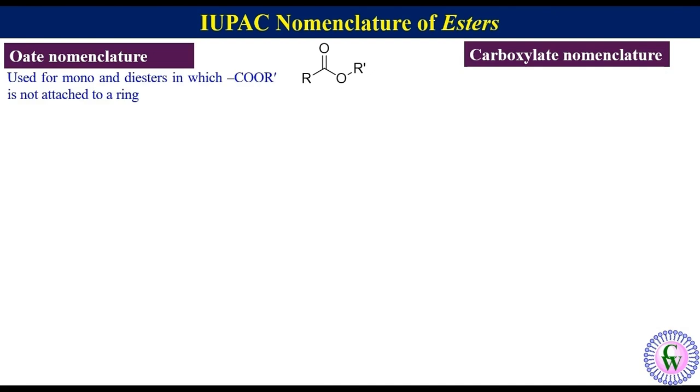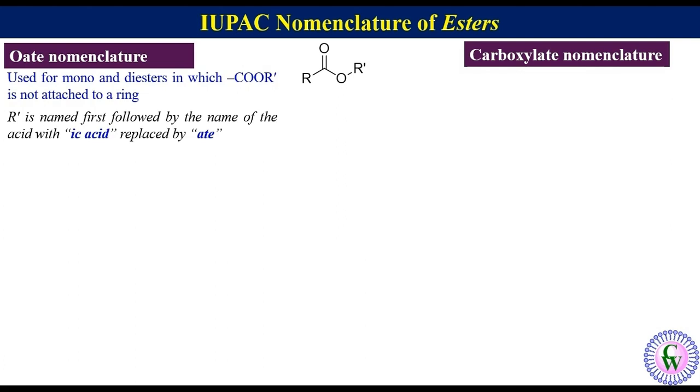This nomenclature is used for mono and diesters in which the ester group is not attached to a ring. While naming esters, R' is named first, followed by the name of the acid with 'ic acid' replaced by 'ate'. If R and R' are alkyl groups, then it is named as alkyl alkanoate.